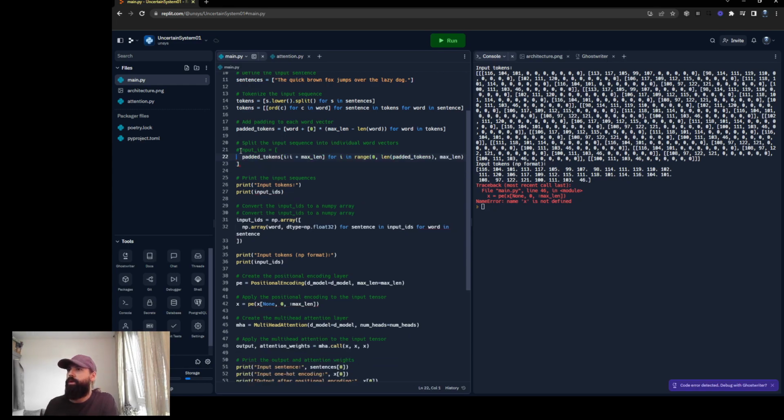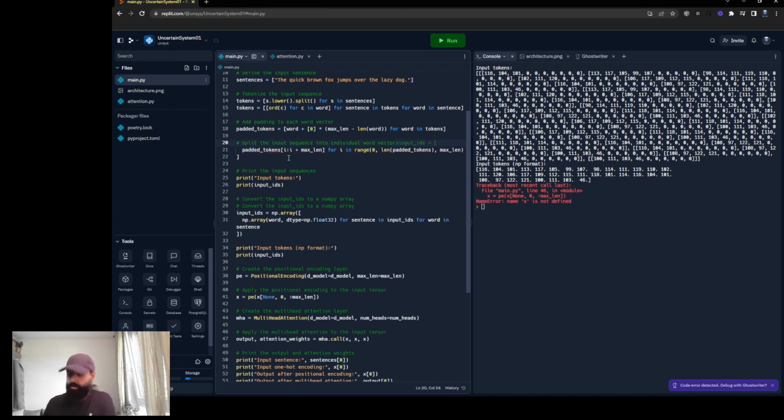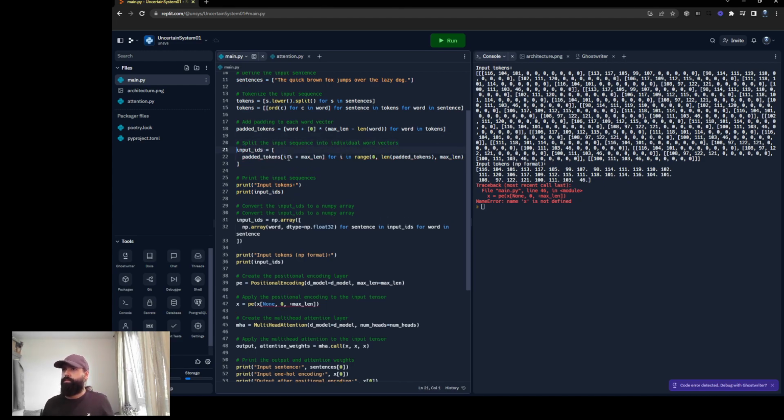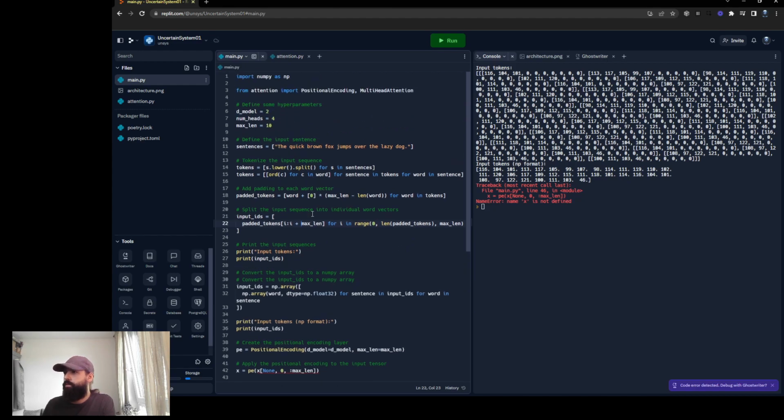That's maybe what I should have done first. Each of these elements, input IDs. Padded tokens. Maybe what I should do, add padding to each word vector.